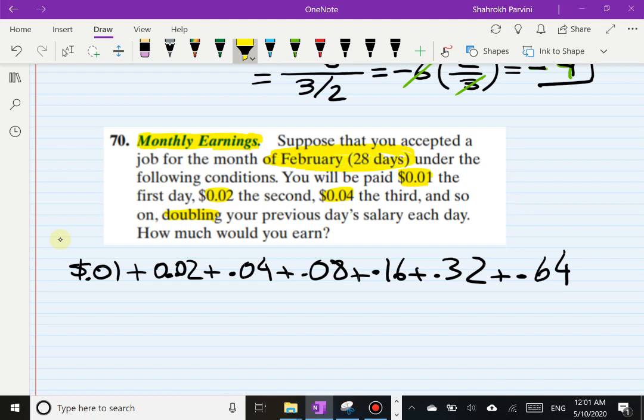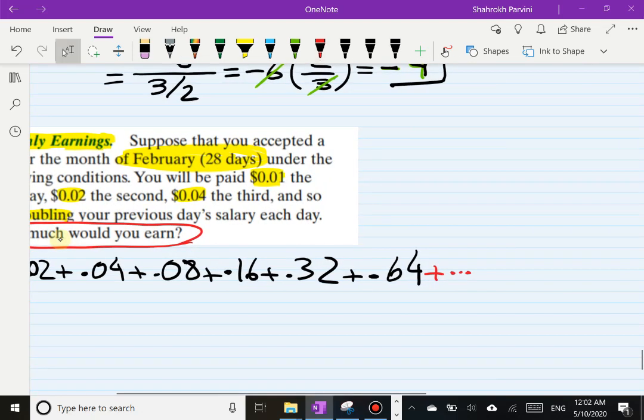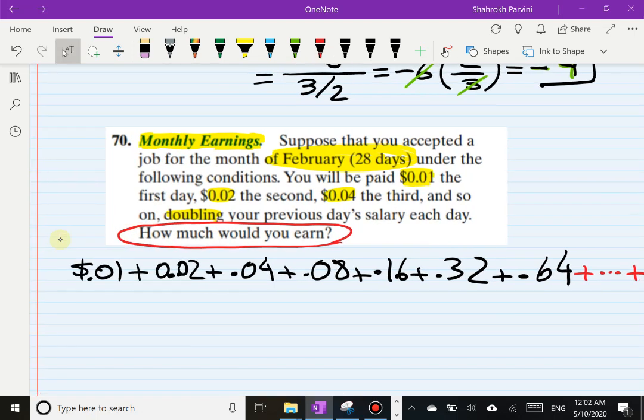How much would you earn at the end of the month? Well, you can see from the way I have written this series, plus dot dot dot plus a sub 28, right? Because there are 28 days in February. So we want to know what this is.